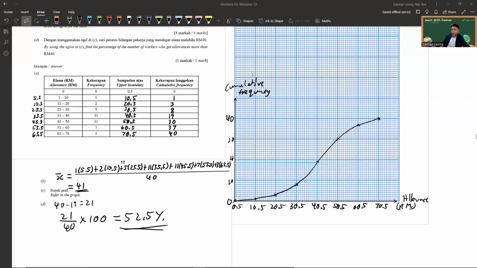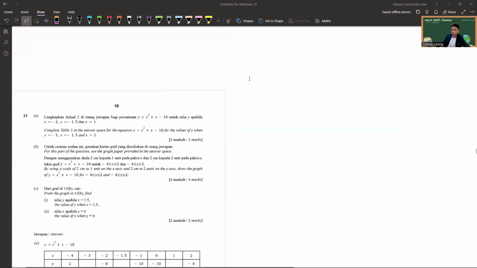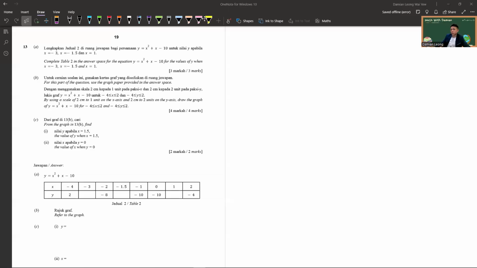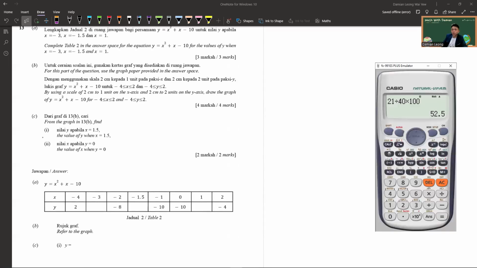Okay. Yeah. That's for question 12. Then question 13. Part A, just complete the table based on this equation. So we can actually key in the expression. X is shift alpha and then the close bracket, the red color X here. X squared plus X minus 10.